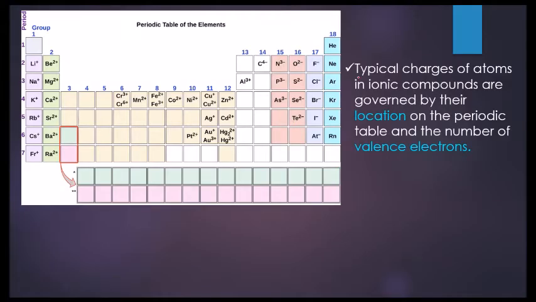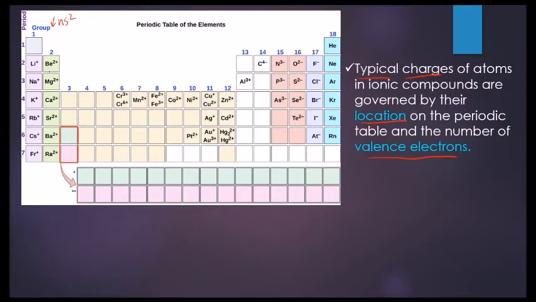Now, typical charges of atoms are governed by their location and their valence electrons. The location, of course, determines the valence electrons, as we just saw in the previous slide, but that's also going to designate the typical charges. Group 2 is ns2, 2 valence electrons.